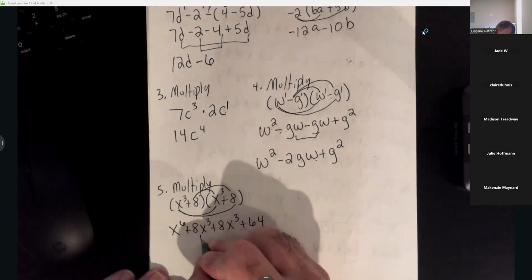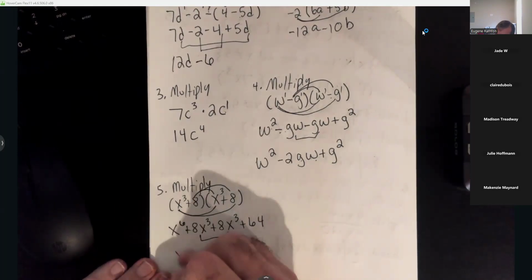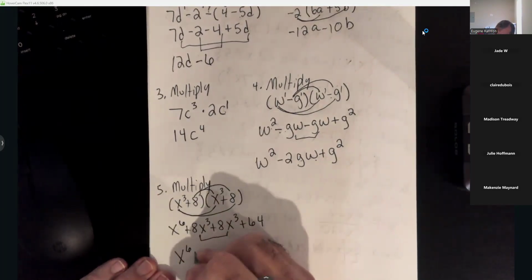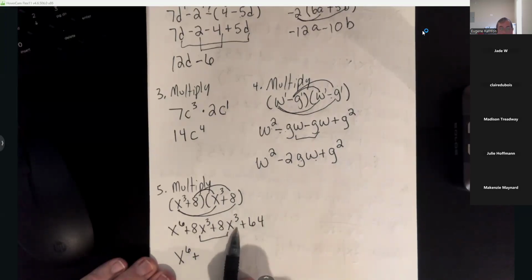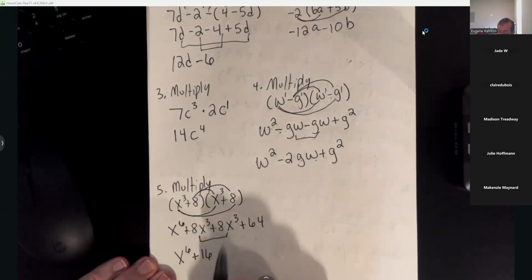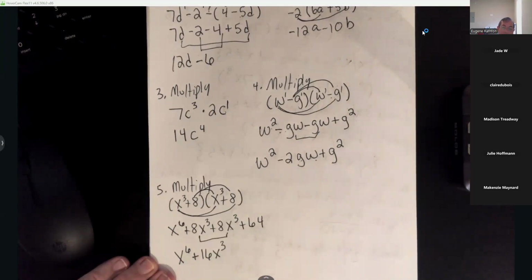All right, so for me, my only like terms is in the middle. So I'll bring down my x to the 6. Now, what messes people up the most on this is when they add these like terms, they change this. Somehow they add the x's. But remember, you cannot change the variables when you're adding. You can change the numbers. 8 and 8 give you 16. But x cubed plus x cubed is still x cubed, okay?